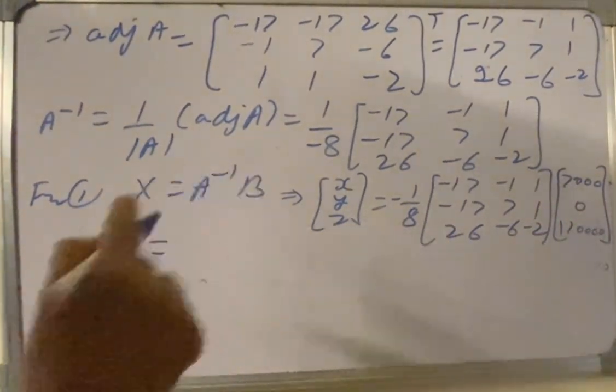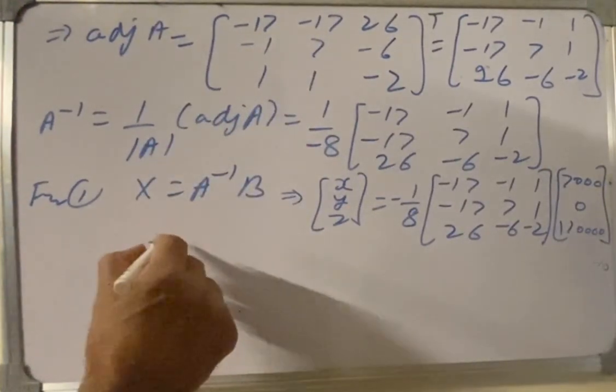Then we multiply the first row with the first column.